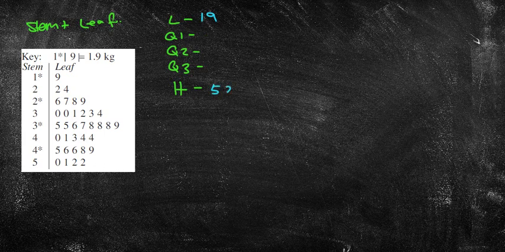Then I'm going to cross numbers off to find my medians. If you don't like doing it in a stem and leaf graph, what you can do is rewrite the numbers straight out. That can be a little bit easier sometimes.